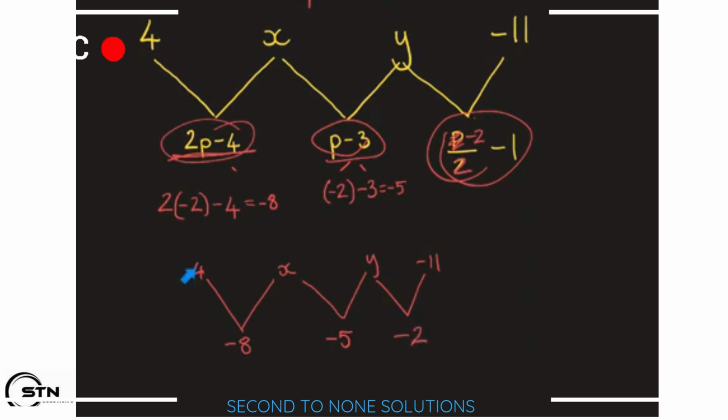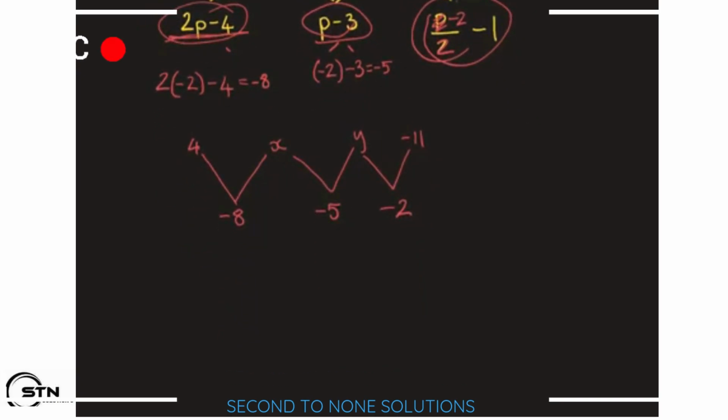So now that I've done that, I can see that x is going to be 4 minus 8. So let's write that down algebraically. X is going to be the value of the first term, which is 4.